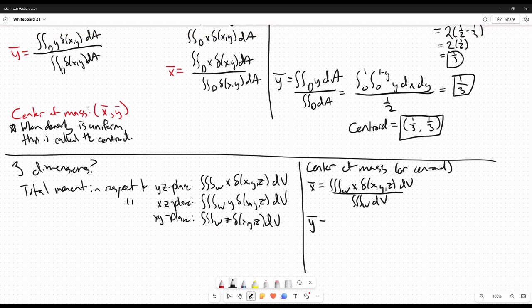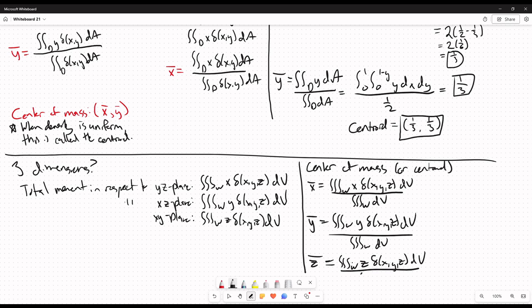You're going to let y be the triple integral of y delta(x, y, z) dV over the volume. And you'll let z be the triple integral of z delta(x, y, z) dV over the volume.